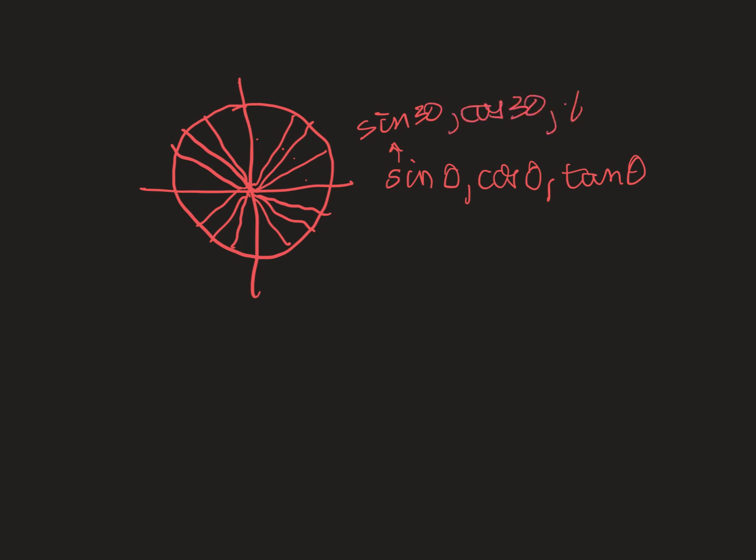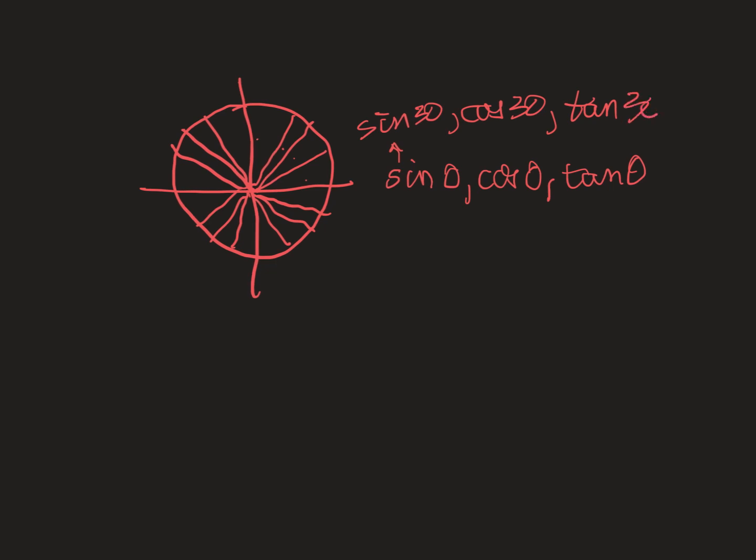So when we have 0, we're going to need to know what the sine of 0, the cosine of 0, the tangent of 0 are. All right? And then as we move around the circle, here we want to know the sine of 30, the cosine of 30, and the tangent of 30.